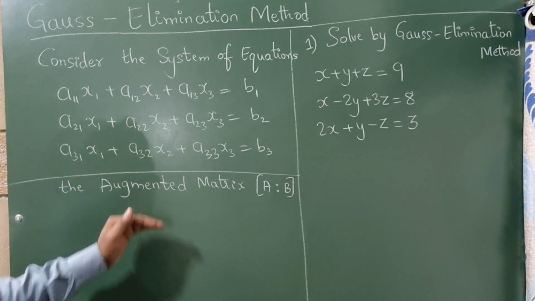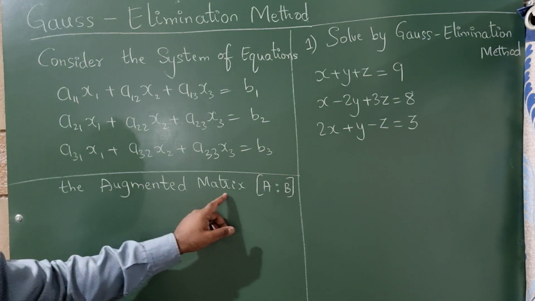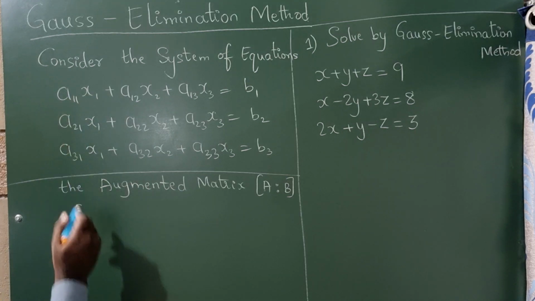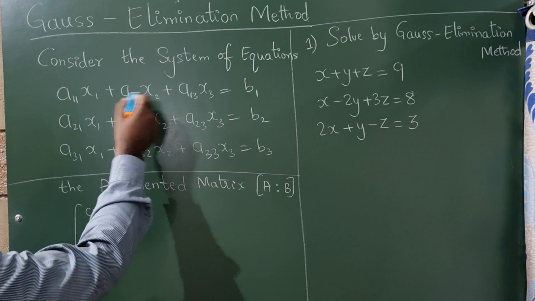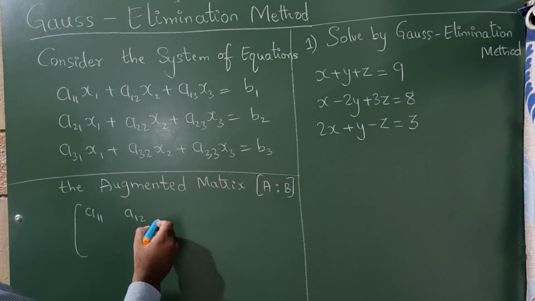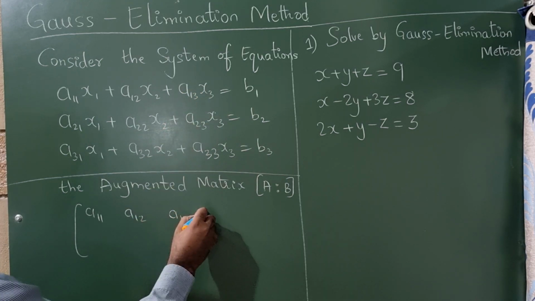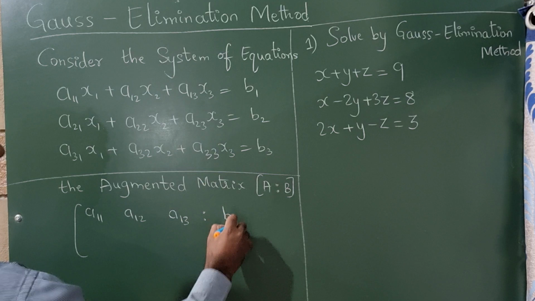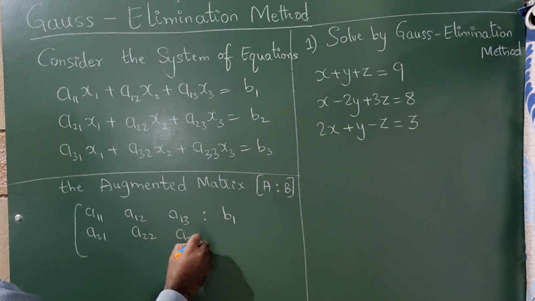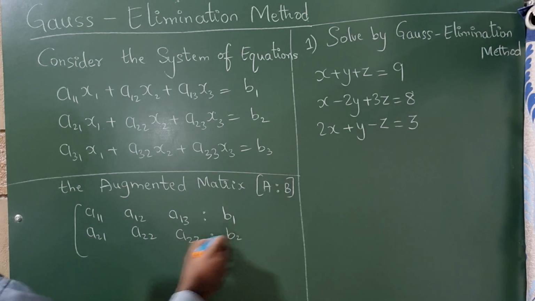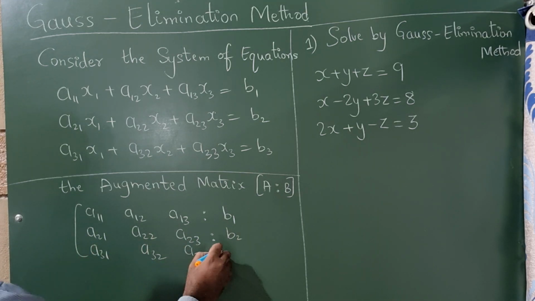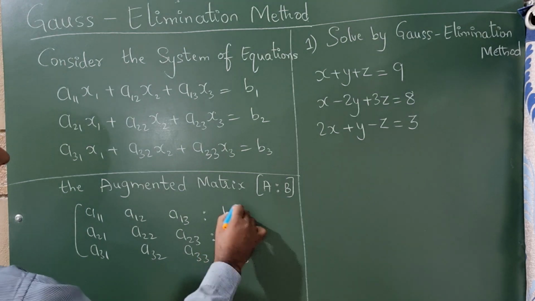Now the method of solving this is the augmented matrix [A|B]. So the coefficient of x1 is a11, coefficient of x2 is a12, coefficient of x3 is a13, and this is b1. Then a21, a22, a23, b2, and a31, a32, a33 and b3.